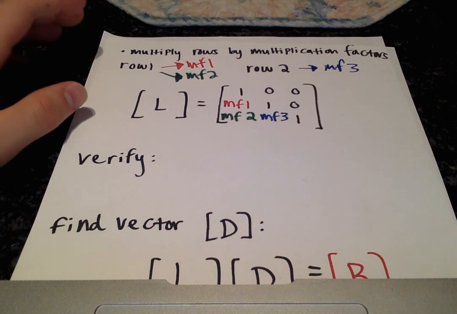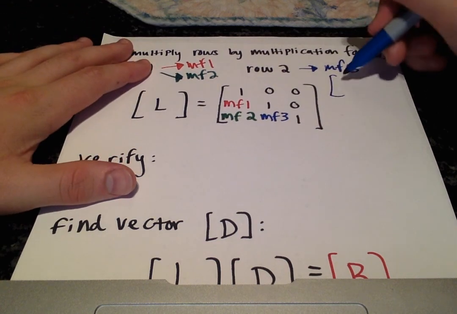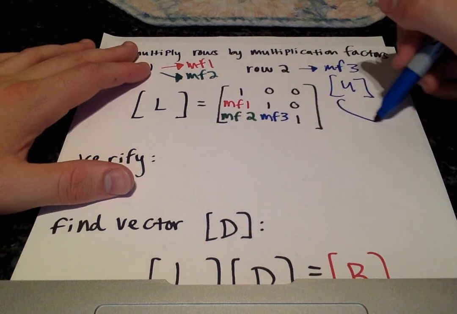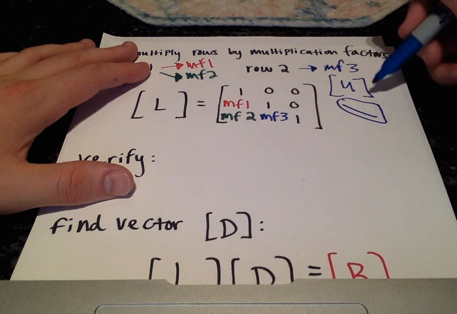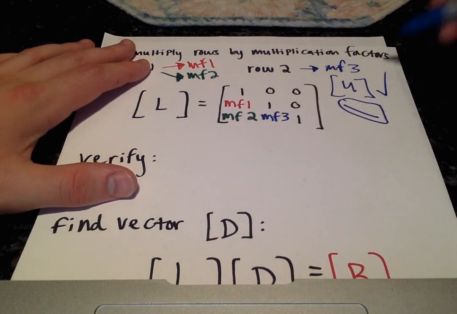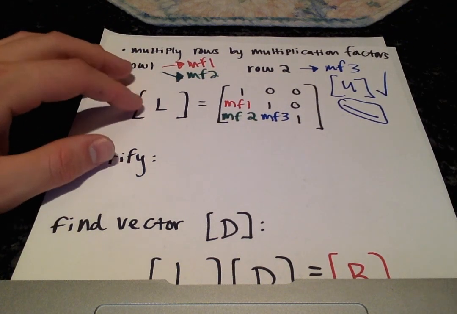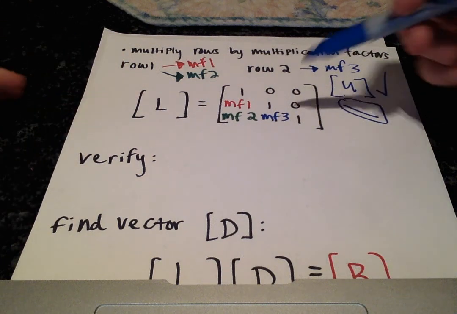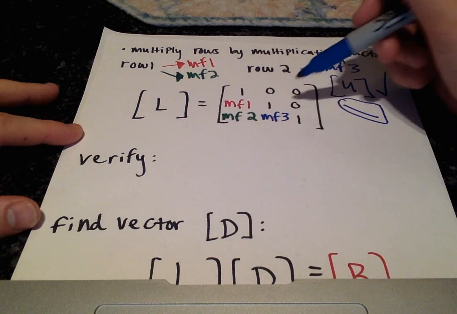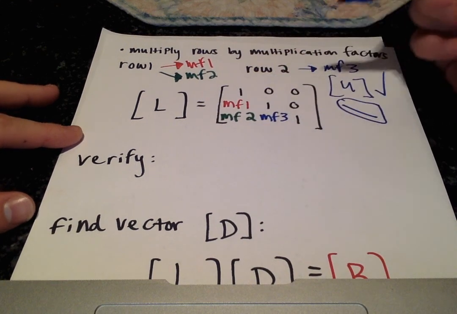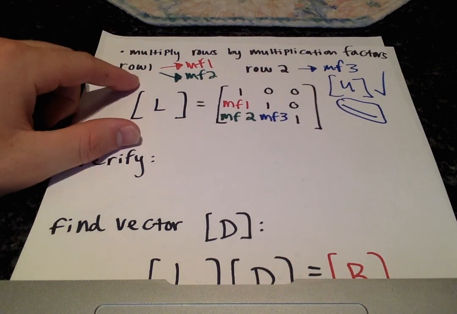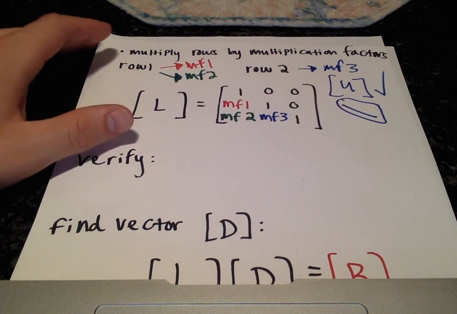So while the upper matrix consists of terms along the diagonal and above it, we found that the L, or the lower matrix, consists of ones along the diagonal, zeros above it, and the multiplication factors below that.